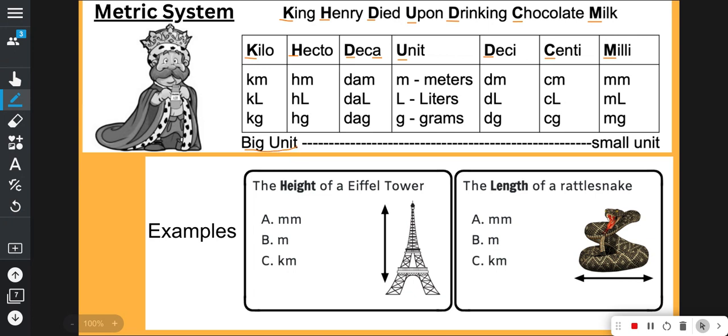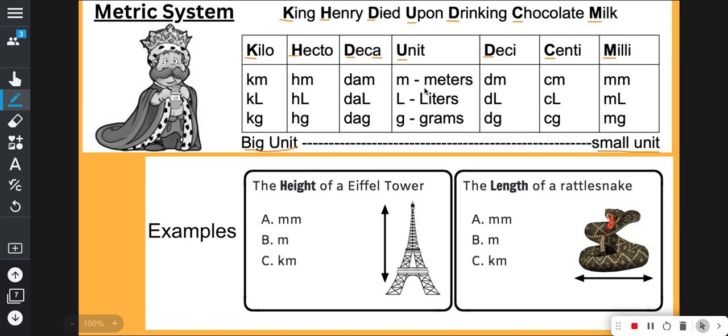We can compare that to our miles, a large measurement. Milli is super small. To give you an idea, a millimeter is about the thickness of a dime. Not how wide it is, but if we put it up on end and you see how thick the coin is, that's about a millimeter.